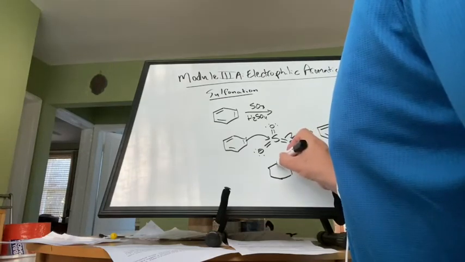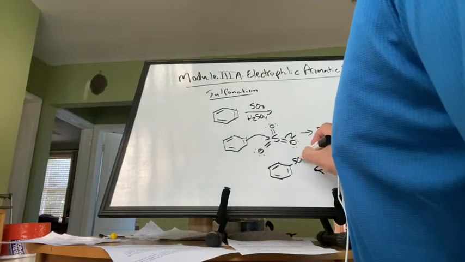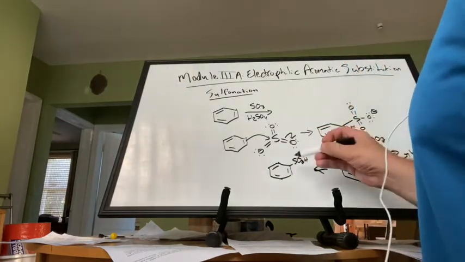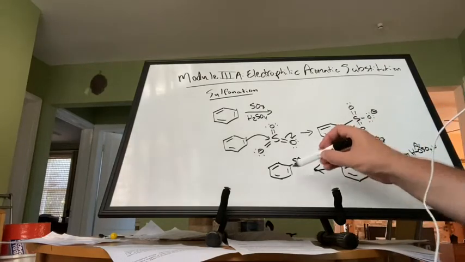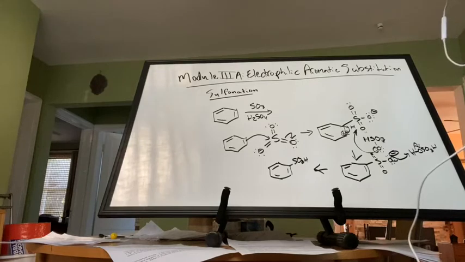What it also does is it behaves as a good protective group, and it can also be a meta director. So kind of, I guess, just put that into the back burner of your mind.